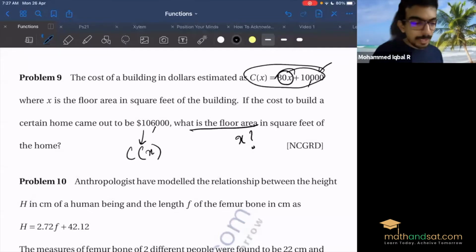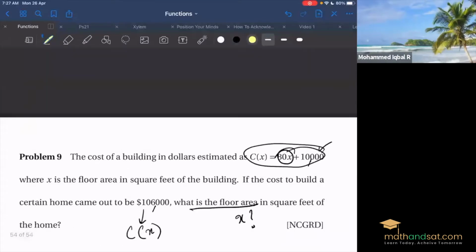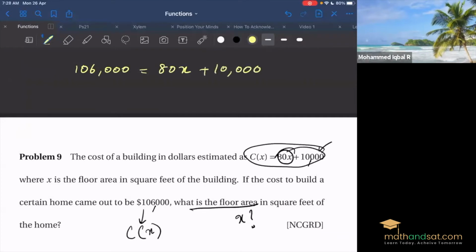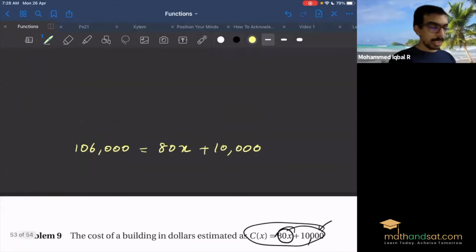So it's very simple. C of x is given as 106K, equal to 80 times x plus 10K. Now, how can you figure out the value of x? You take 10K to the other side.